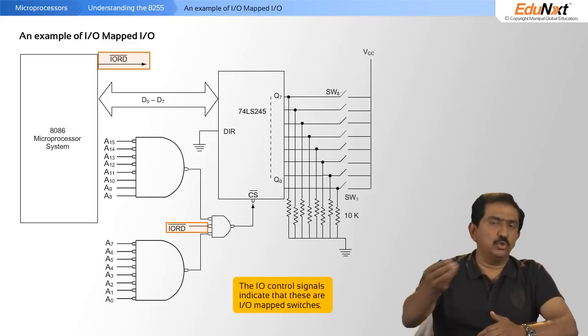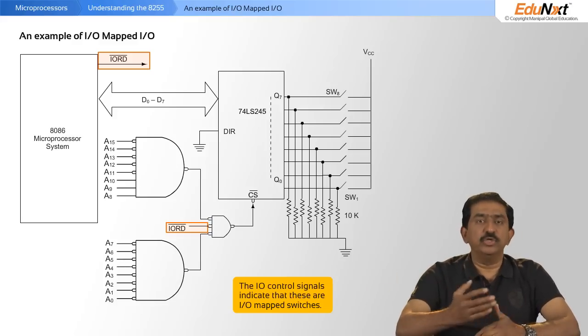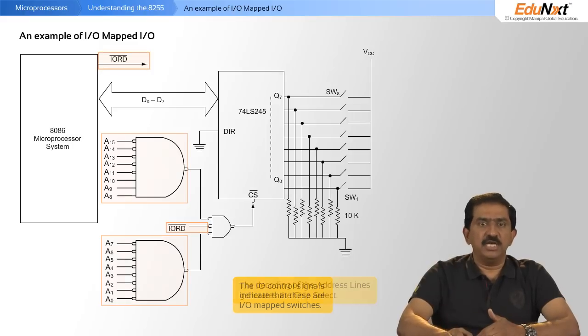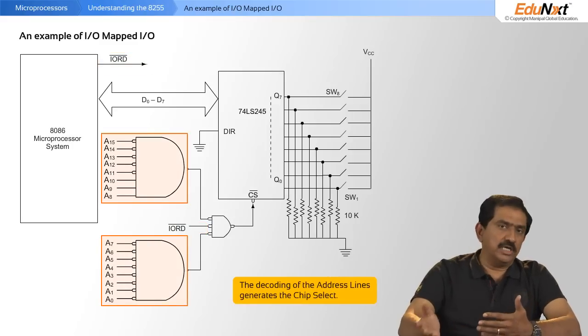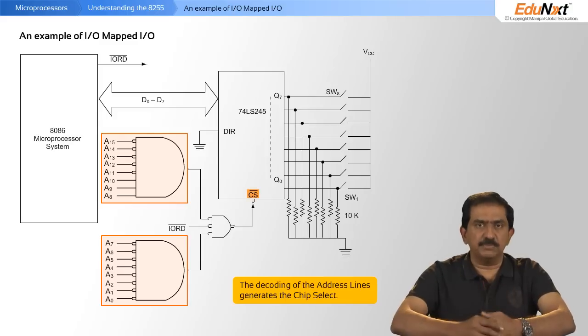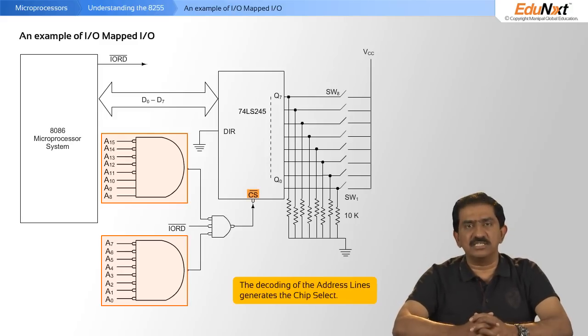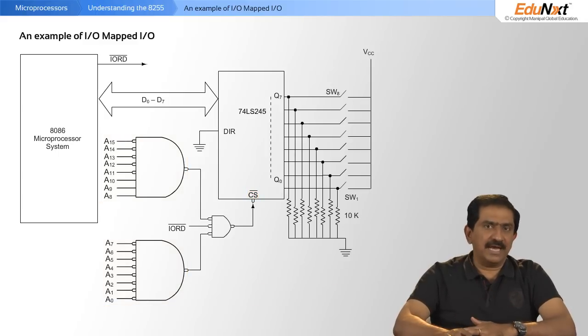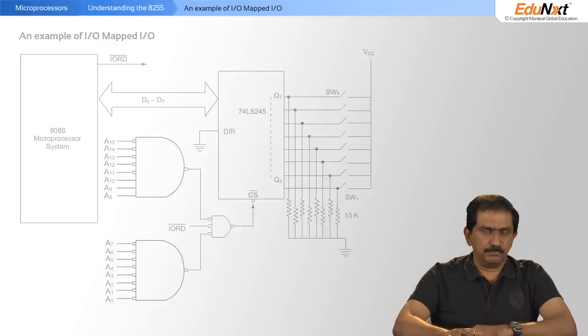Whenever you want to read the status of the switches, you need to activate I/O read. And when you are activating I/O read, you also need to decode a set of address lines to generate a chip select. This is the way you would map an I/O device to your processor.